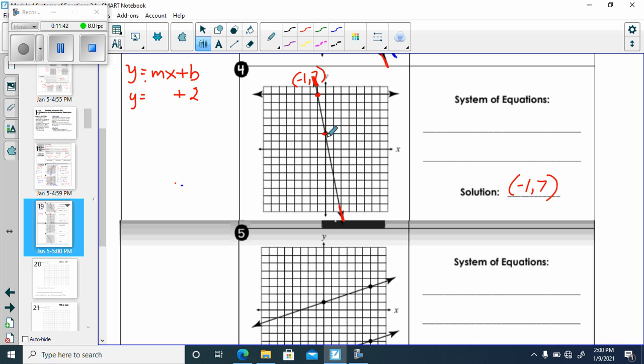I find 2 points that are on grid lines. I'm going down 1, 2, 3, 4, 5, and over 1. That's -5 over 1, or -5. y is equal to -5x plus 2. Okay, let's do the other one.